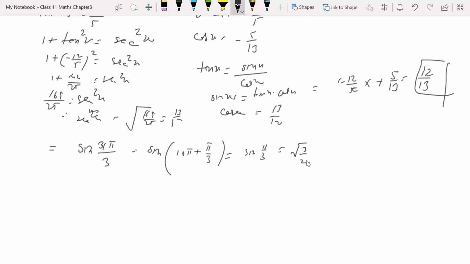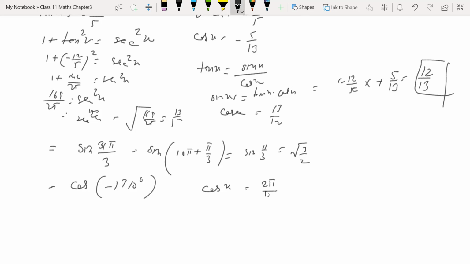Now, next question is, find the value of cos of minus 1710 degree. We know that cos x repeats after an interval of 2 pi, which means after 360 degree.